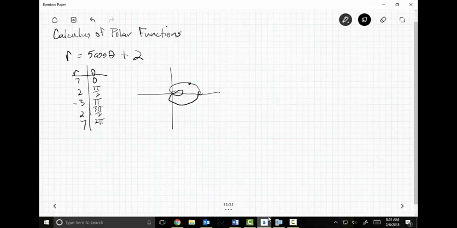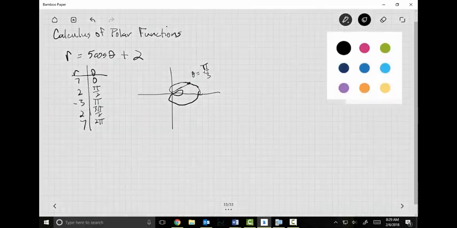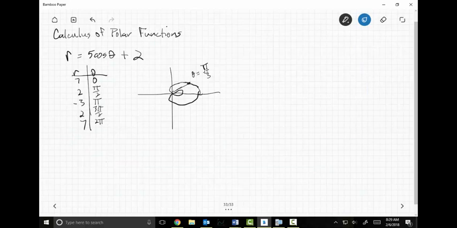Let's say at theta equals pi thirds, it'll keep it simple. I know it doesn't look like pi thirds, but give me a break, would you? Pi thirds would be about there, wouldn't it? So that point right there is going to be theta equals pi thirds.